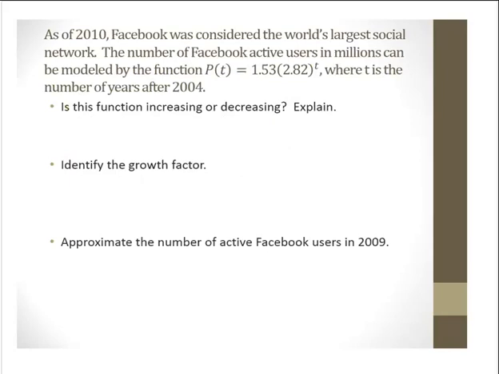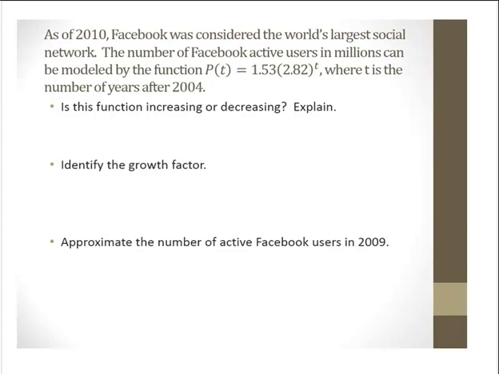So here's an example. As of 2010, Facebook was considered the world's largest social network. The number of Facebook active users in millions can be modeled by the function p of t is 1.53 by 2.82 to the t, where t is the number of years after 2004. Is this function increasing or decreasing? Explain.